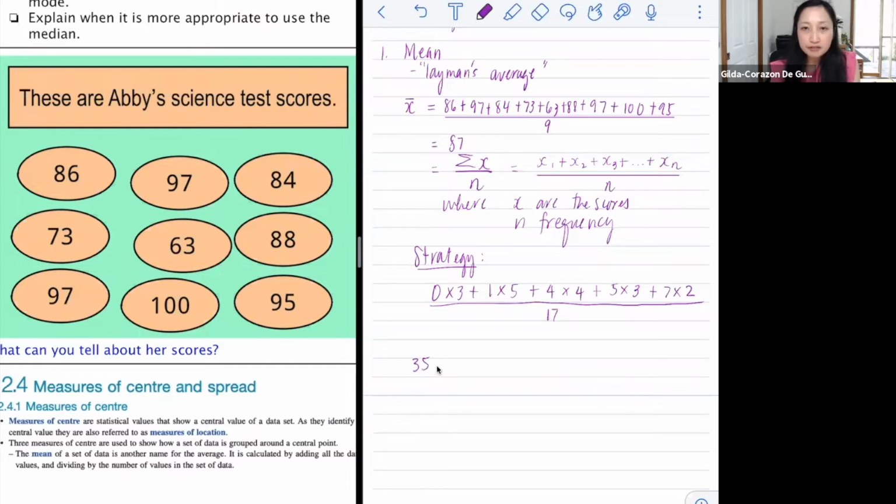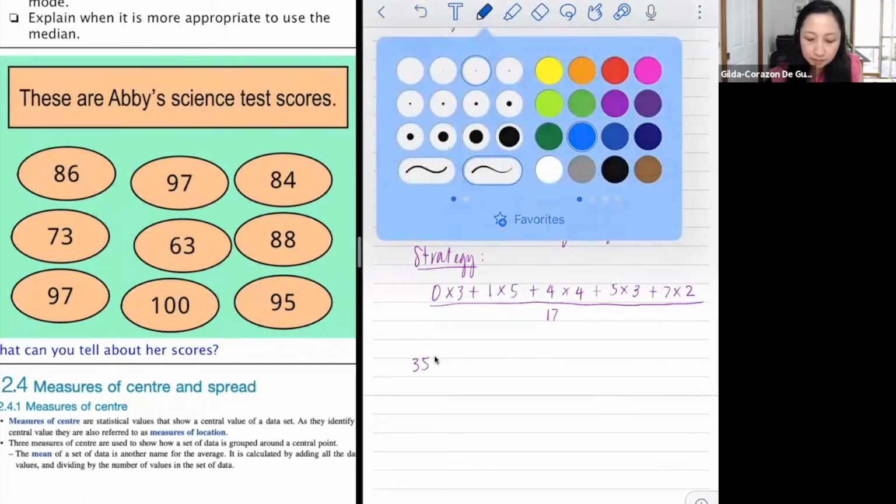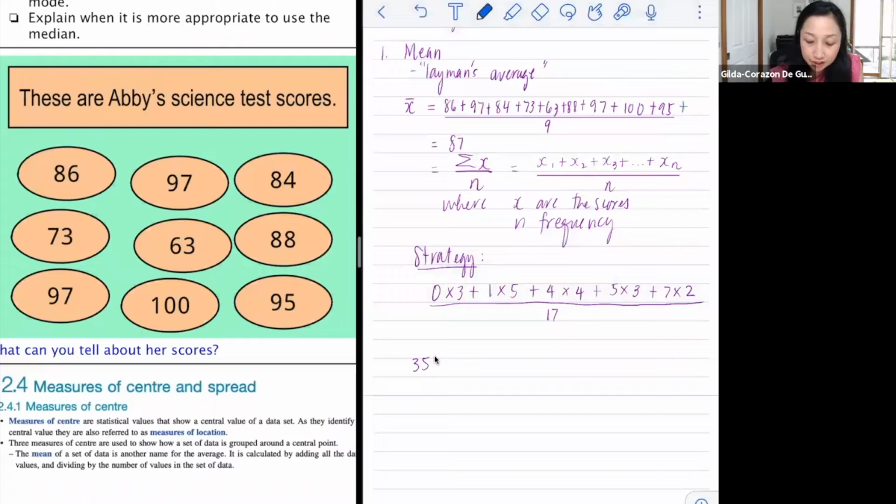So when you have a 35 as against all these other scores here, what can you say about the 35? If I would be calculating now the average of Abby's science score and add that 35, instead of dividing by 9, I would have to divide it by 10. What do you think would happen with Abby's average score or mean score?